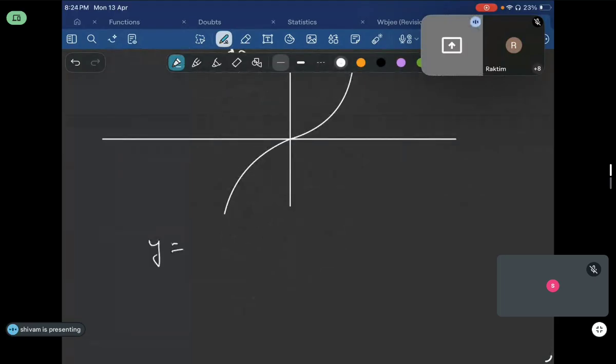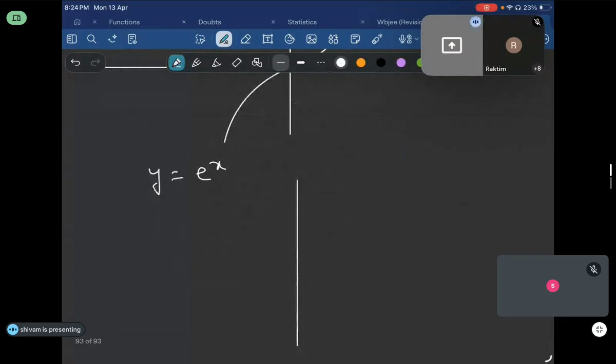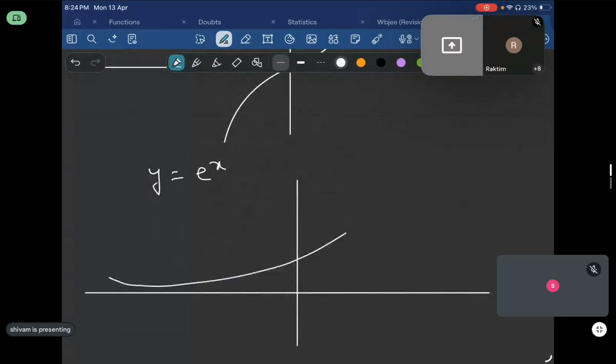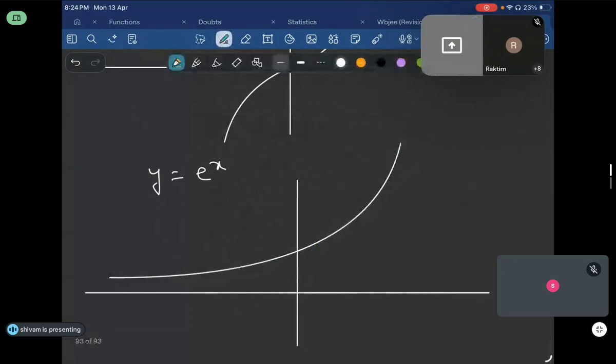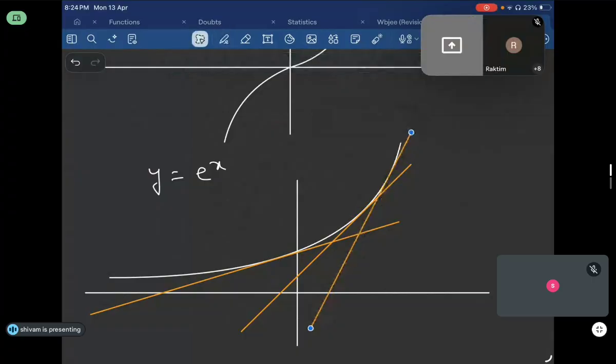Next, I give another example. y is equal to e to the power x. Wherever you draw a tangent to this curve, what angle is it making?